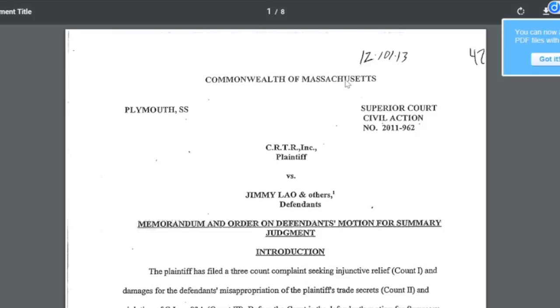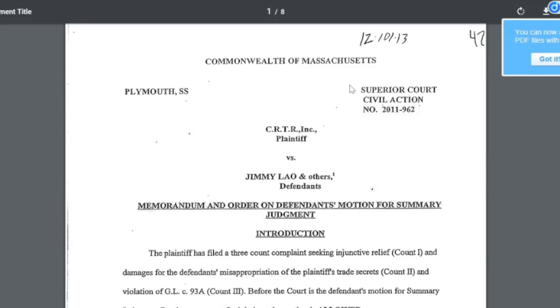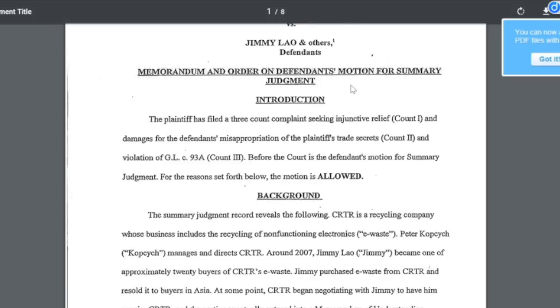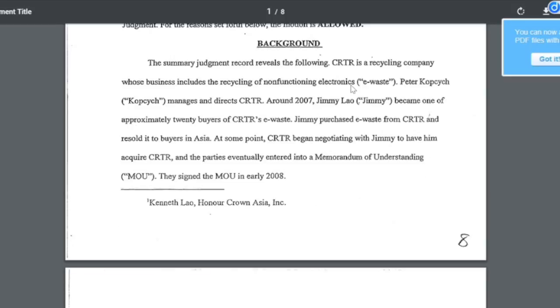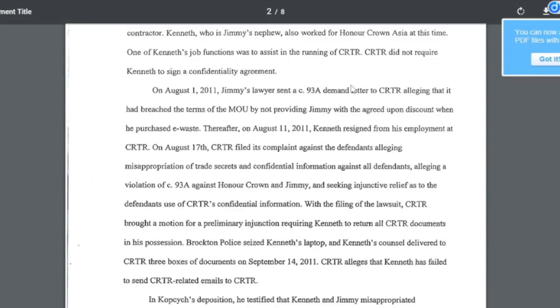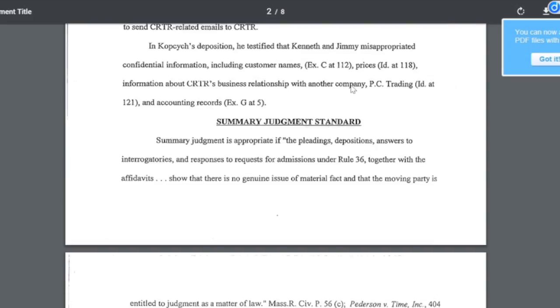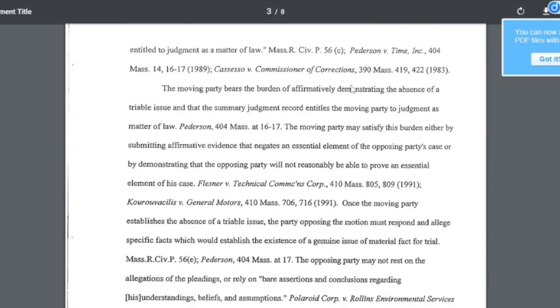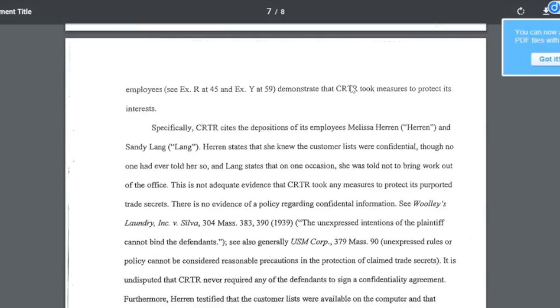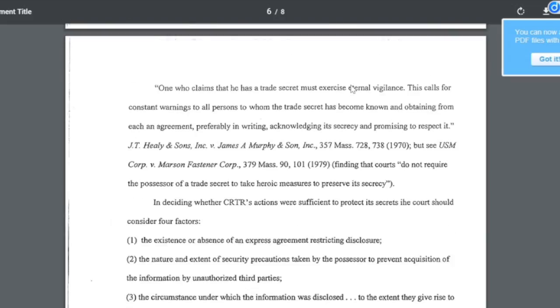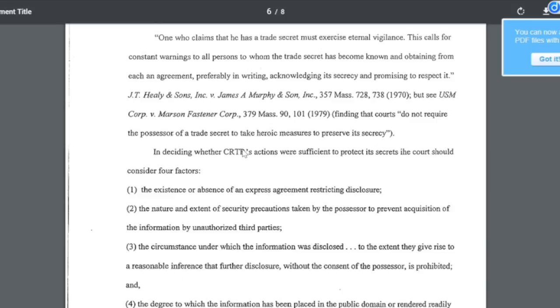So at the point in time when this independent contractor decided to leave the company, the company sued to say, return to us all the confidential information, and you're not permitted to disclose that information. This was dismissed by the court under summary judgment, and the reason for that is because there was no evidence, either contractually or otherwise, that would indicate that there was any veil of confidentiality around this information.